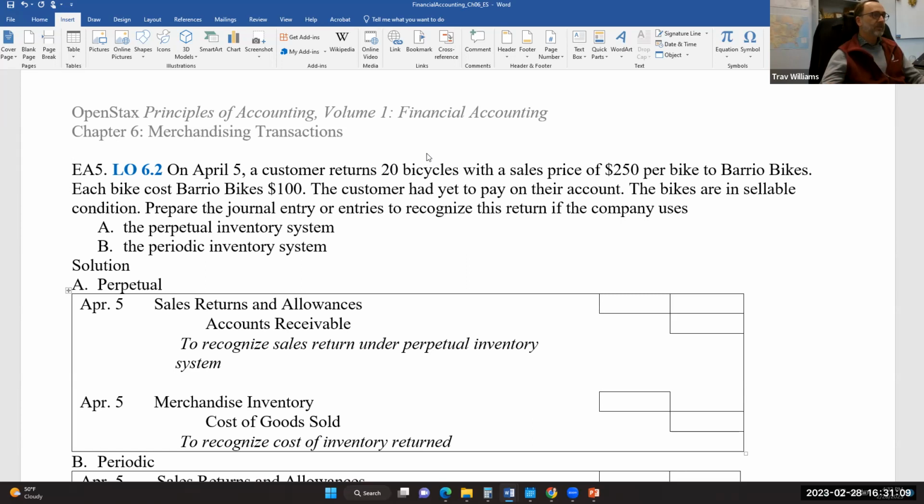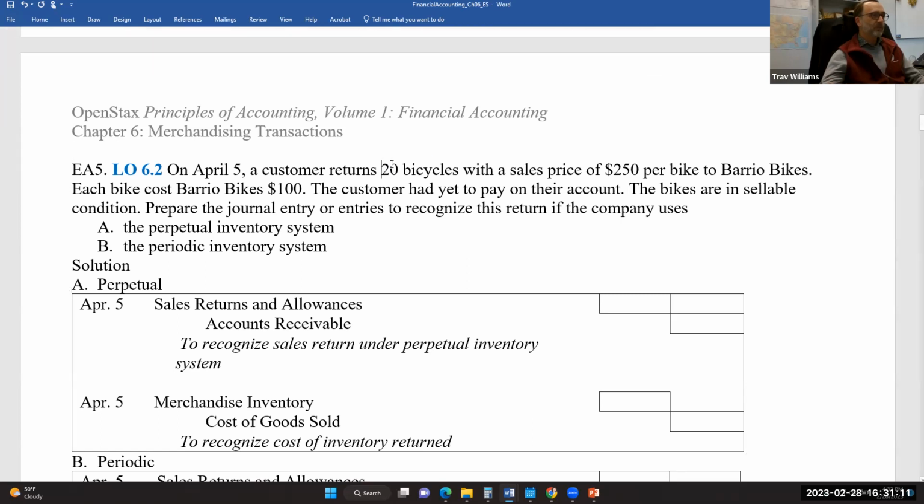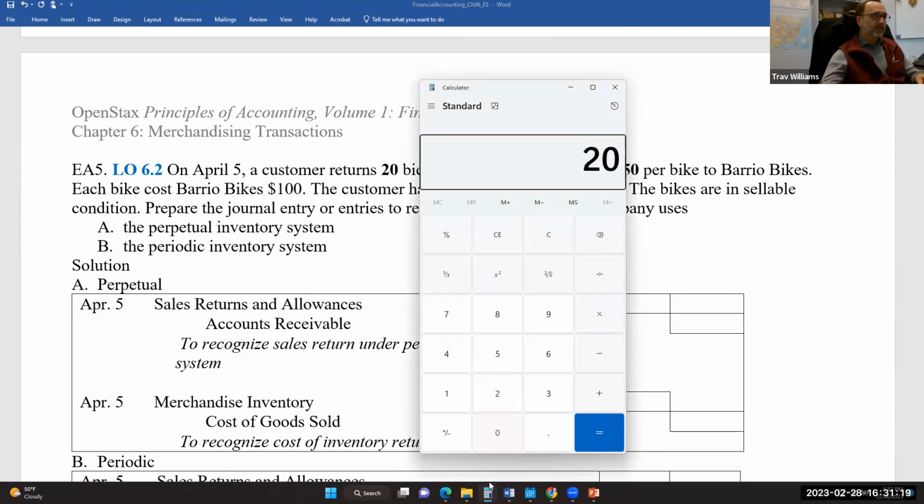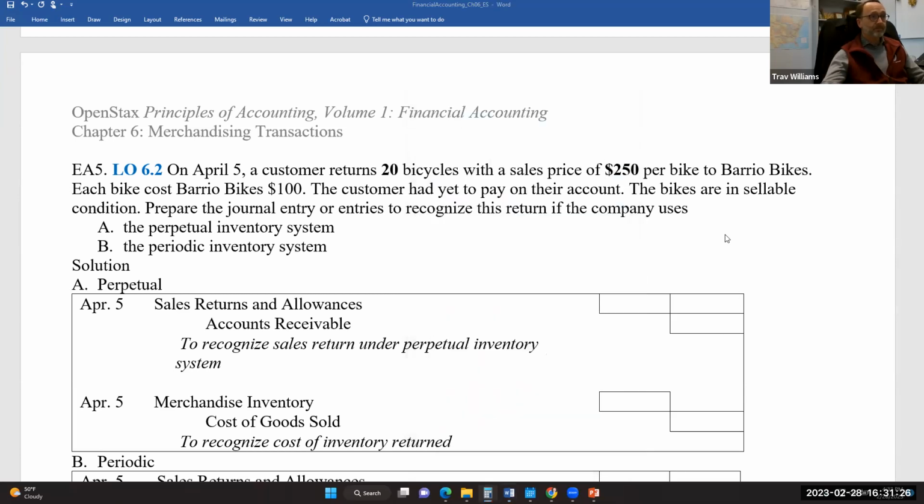Okay, so let's first figure out the customer returned 20 bicycles at a sales price of $250 each. Okay, so 20 bicycles times 250, they returned $5,000 worth of merchandise.